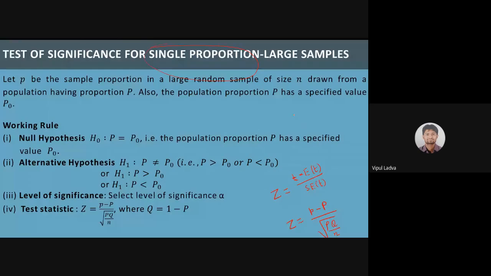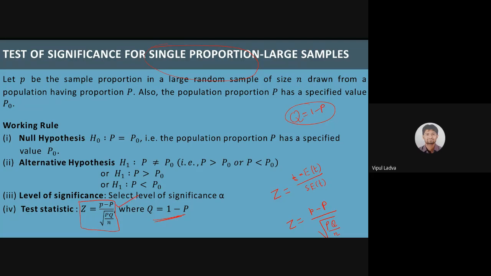Capital Q is nothing but 1 minus P, where P is the population proportion. Okay, so take care of this. You need to remember this formula for this test, as well as this value. What is Q? Q is 1 minus P. That's all.